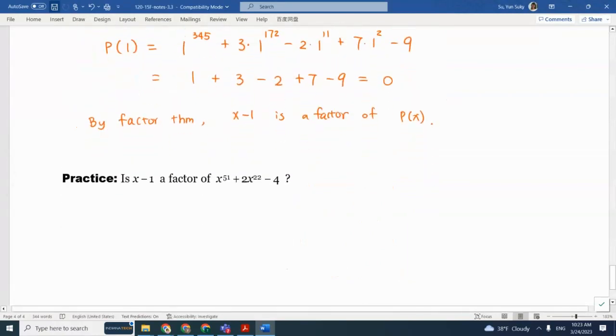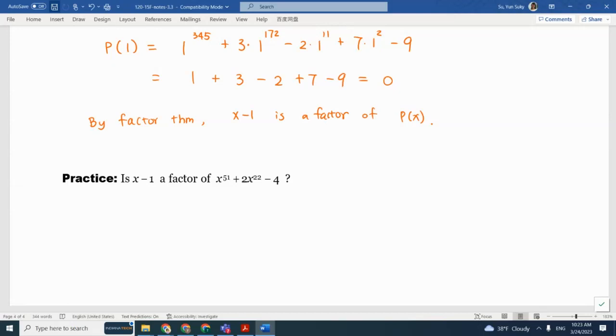Okay, now you do this problem. Oh, it's the previous worksheet.